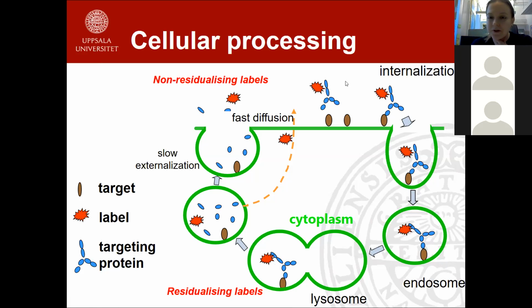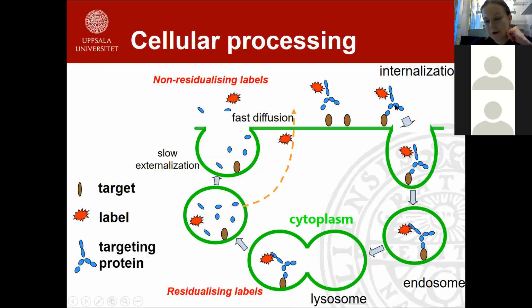Okay, so if we just talk about cancer cells, and we have a label on the cell surface that goes through this process very fast and diffuses out, we lose it. So for radiohalogens, for non-residualizing labels, if internalization is fast in the tumor, it's not good.